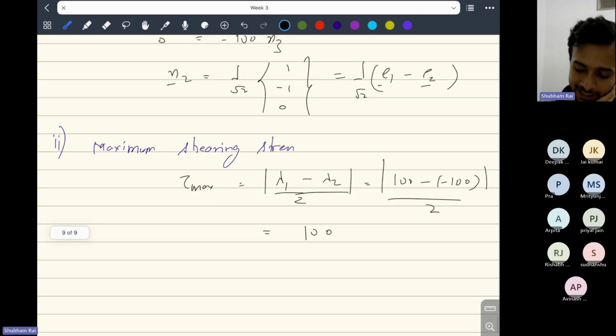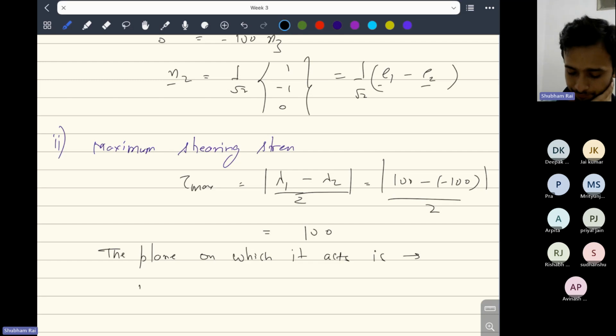And the plane on which it acts, that is given by, you can see the lectures for this formula, n1 plus minus n2 divided by 2.